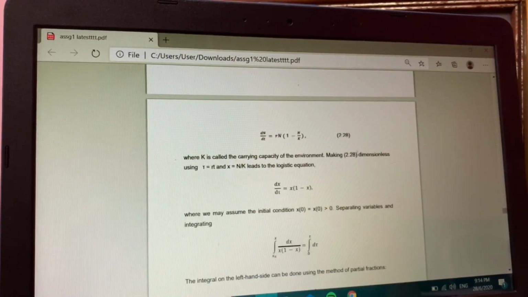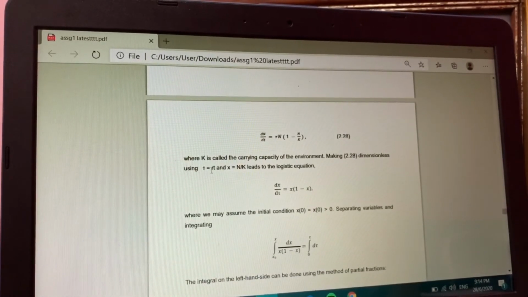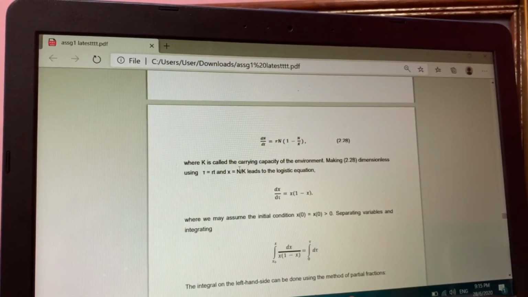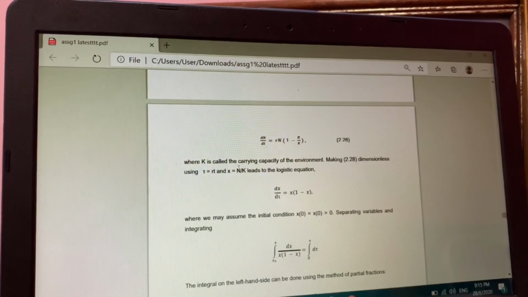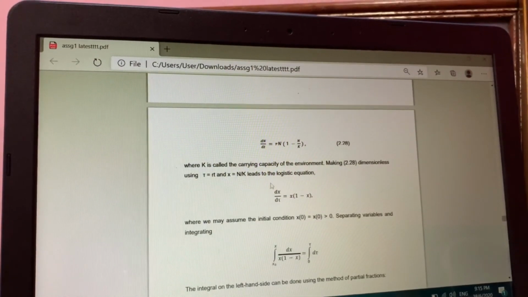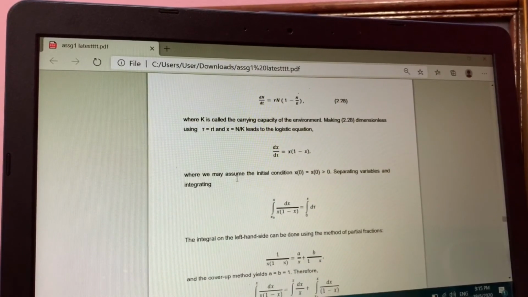Making it dimensionless using T equals rt and x equals N divided by K leads to the logistic equation, which is this. And we assume the initial condition x(0) equals x0 greater than 0.